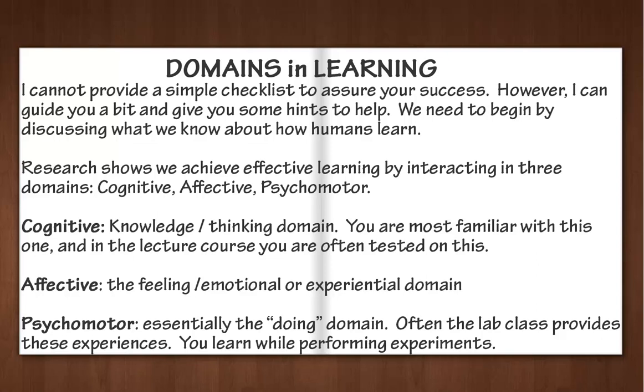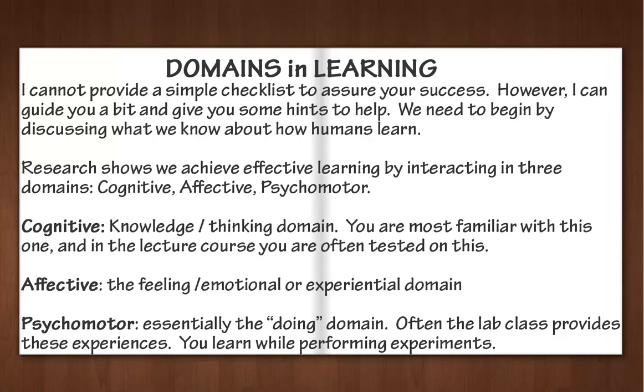The next one that you're probably next most familiar with is psychomotor. Psychomotor, I like to call that the doing domain. This is where you take knowledge that you've acquired and you do something with it. A great example of this is the lab class for general chemistry. In the lab, typically what you do is show up at a predetermined time and you perform an experiment. And that experiment is carefully chosen to match one of the topics that you're learning about in lecture.